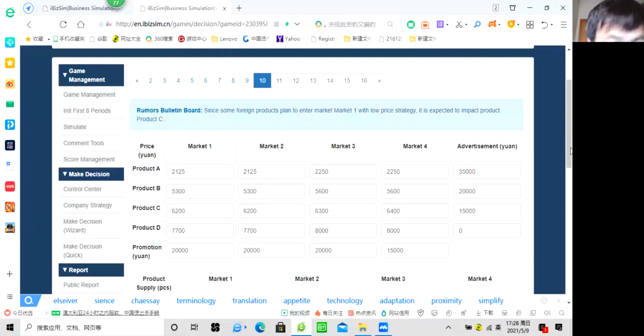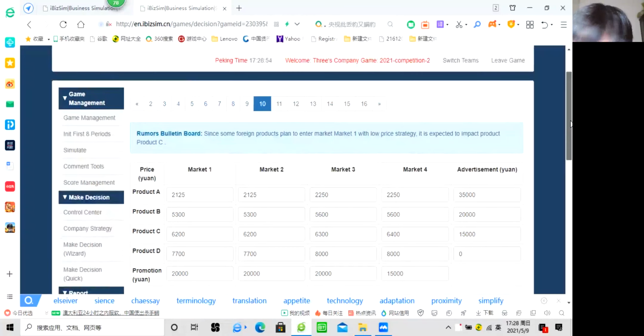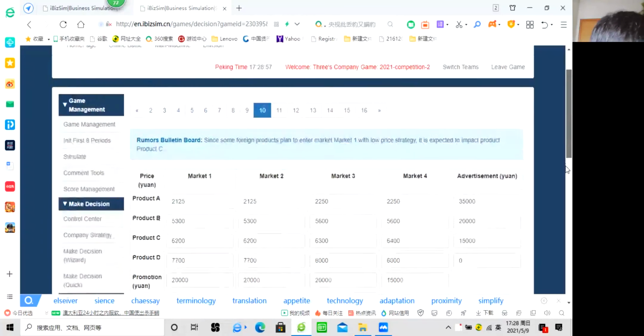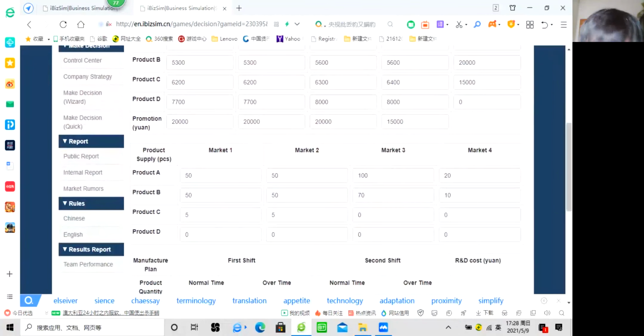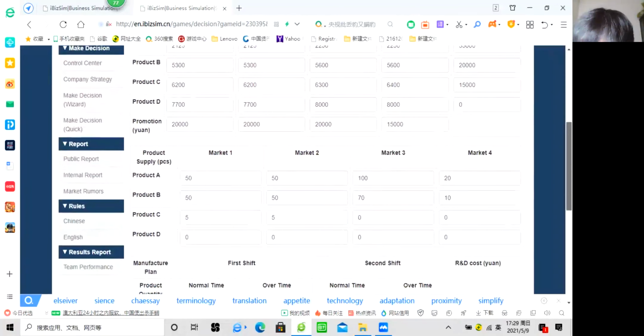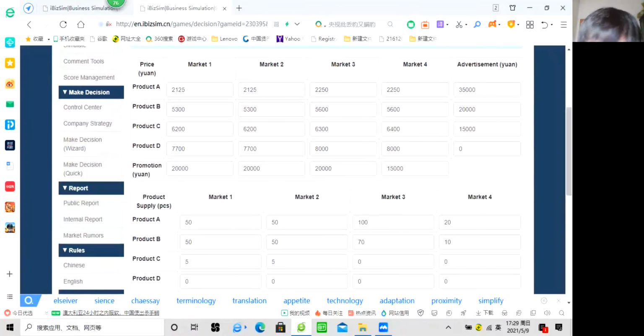So what's the name of this company? Okay, so that's three companies. This is marketing. If you are studying marketing, you must deal with that very well, because the 4Ps strategy is used here.